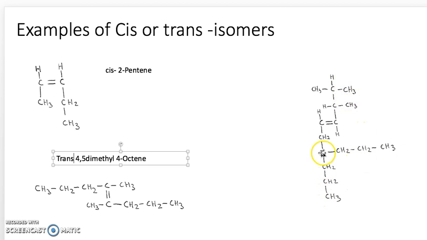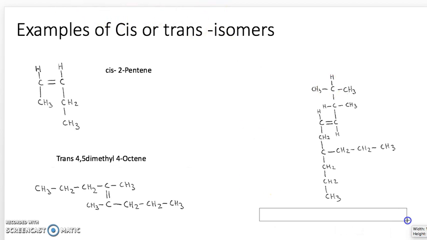Last one, this one's quite complicated, and it is looking for the longest carbon chain. 1, 2, 3, 4, 5, 6, 7, 8, 9, 10. So it's actually decene, or dec for 10. So we can start writing this now. The position of the double bond is at position 1, 2, 3, 4. Now we need to describe whether it has any branches or substituents hanging off it.